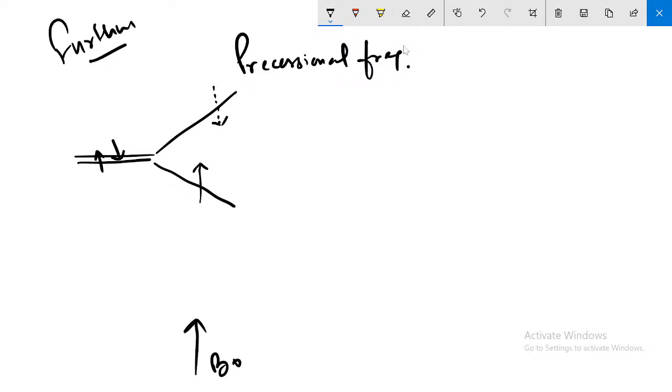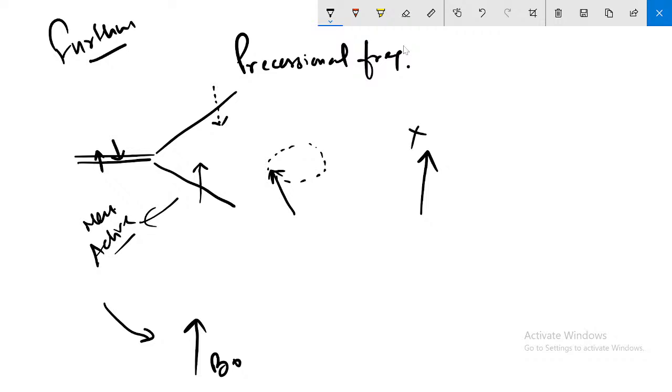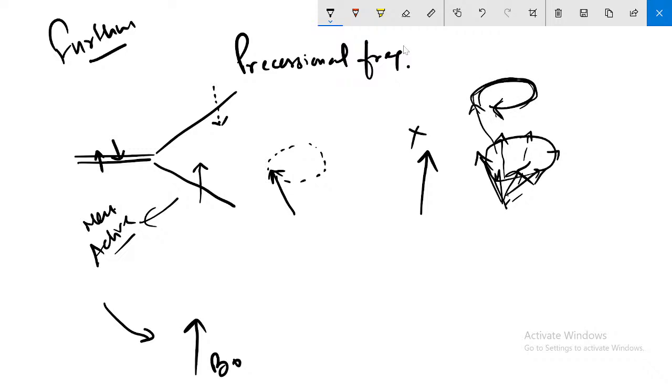But this magnetically active nuclei, under the influence of the applied field, the magnetic vector will also precess around this direction. It will not only stay stationary like this, but it will keep on precessing like this. It will just rotate like this, right? The direction will keep on precessing.